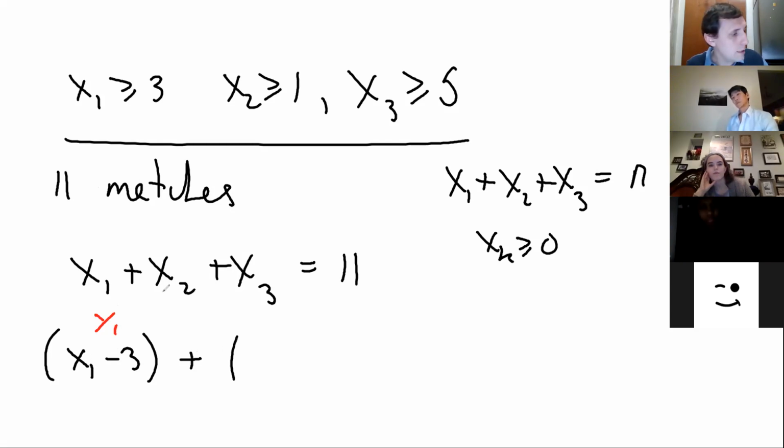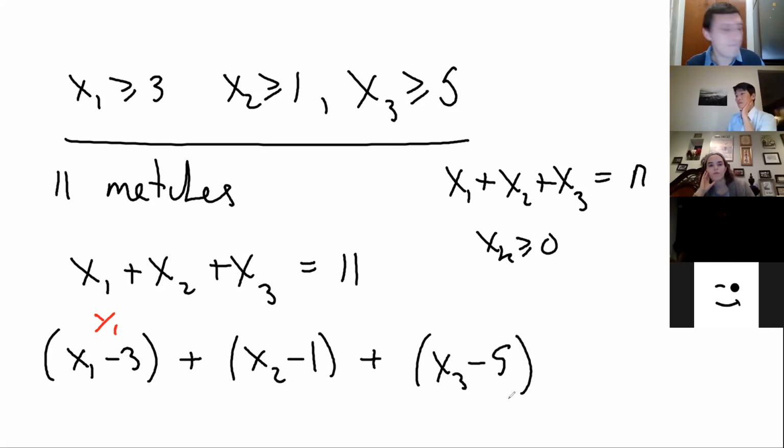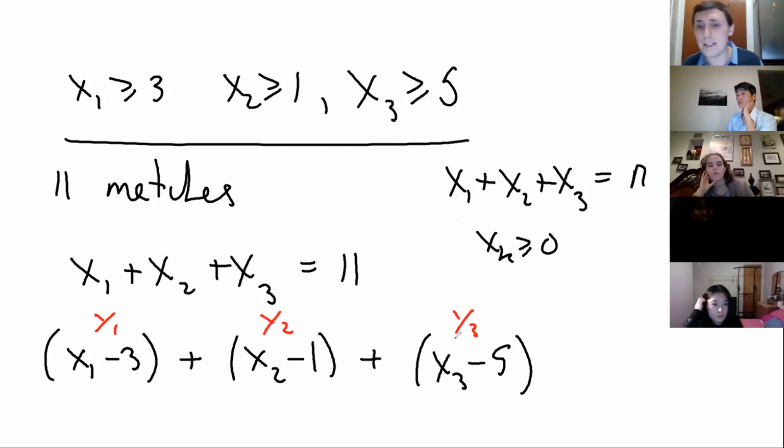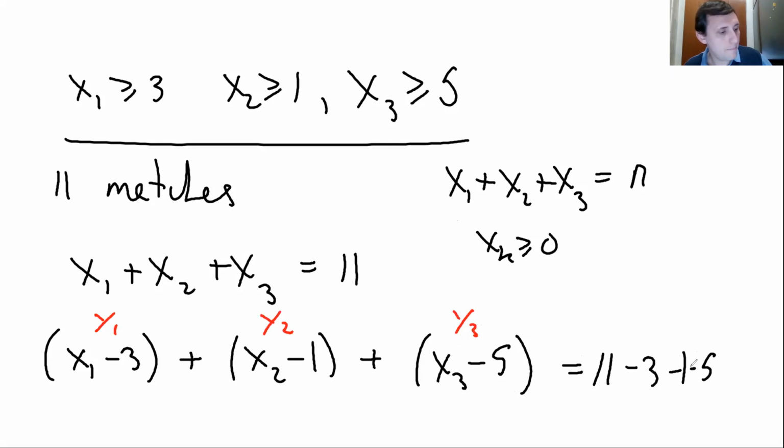Plus x2 minus 1 plus x3 minus 5, and those variables I can call y2 and y3. And to balance the equation, look at it, I subtracted 3 and 1 and 5. To balance the equation, I have to subtract, so it's 11 minus 3 minus 1 minus 5. You agree? So it's 11 minus 3 minus 1 minus 5.